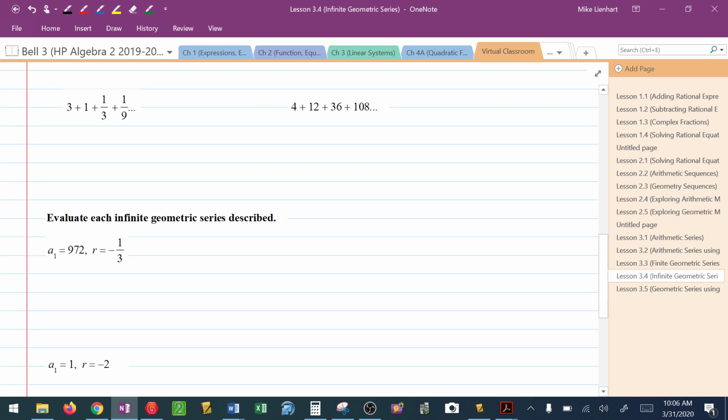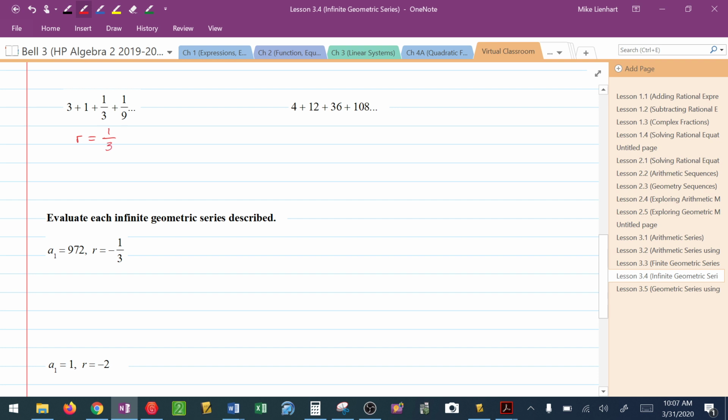So what if they just give me a list of terms? Notice first that this is how I know it's infinite. Do you see the ... at the end? They're telling me it's not ending. This pattern is going to continue. Remember how we determine the R value: take a term and divide it by its previous term.